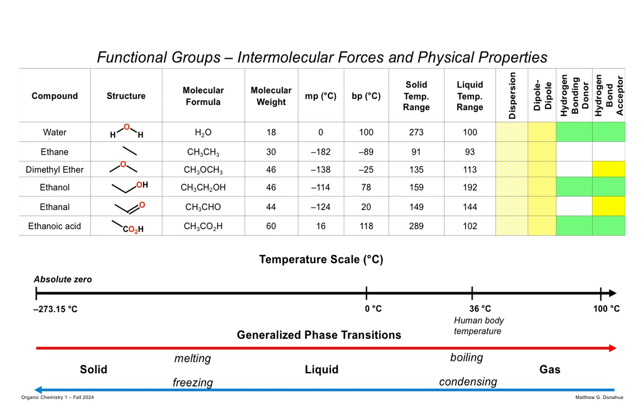So we're going to start this table with water. Everyone knows water, H2O. We know how to figure out the molecular weight using the atomic masses from the periodic table. Oxygen 16, hydrogen's 1. There's 2 of them, so 16 plus 2 is 18.